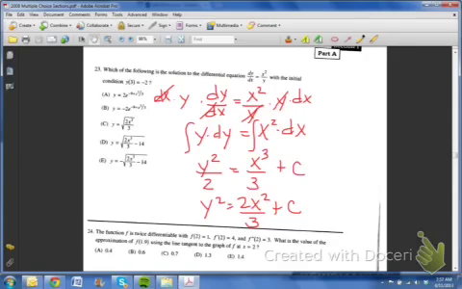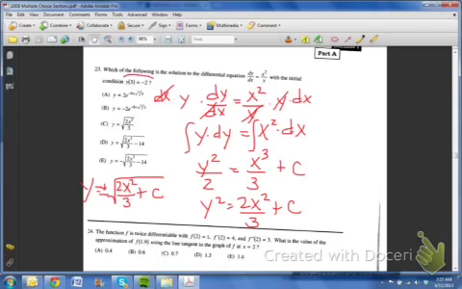And then if I take the square root, I get y equals the square root of 2x cubed over 3 plus c, and it's plus or minus. So I can tell that the answer is either D or E. The question is, which one is it? The only difference is, do I have positive in front or negative in front?